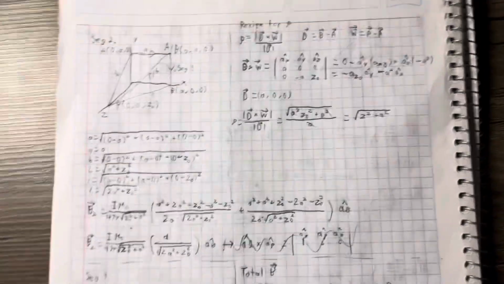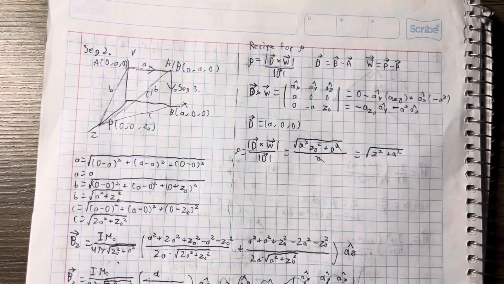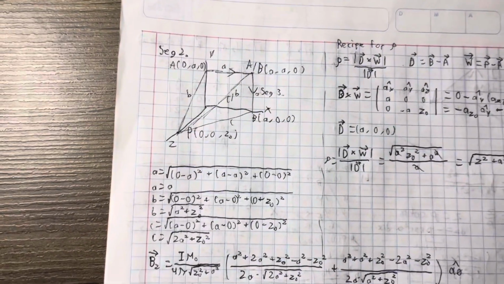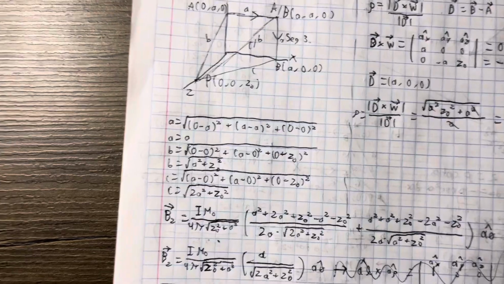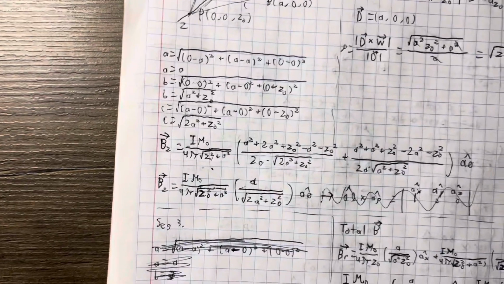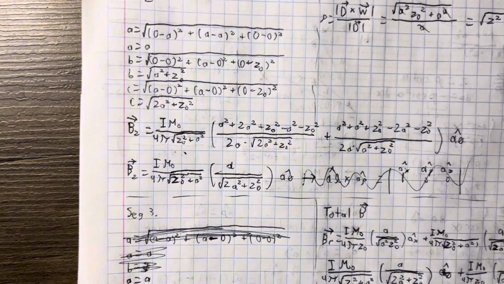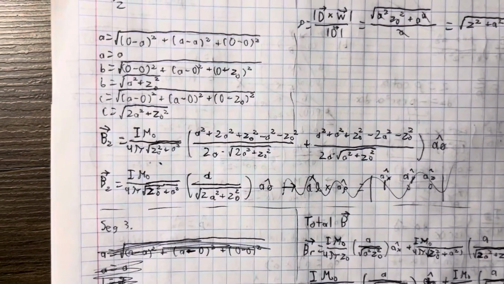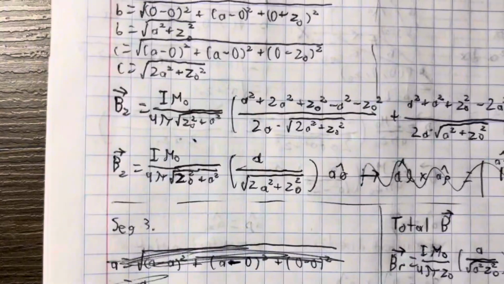Now, segment 2 and segment 3 will also be the same as I discussed earlier. To get segment 2, we do the same to get a, b, and c, then replace them in the formula, cancel out all the equal terms, and we get that it is this in the phi direction.